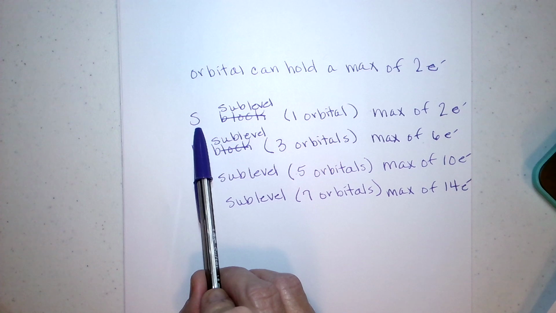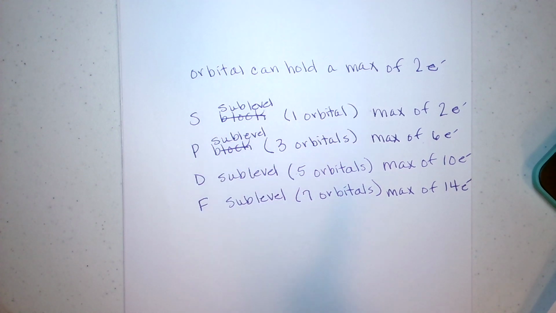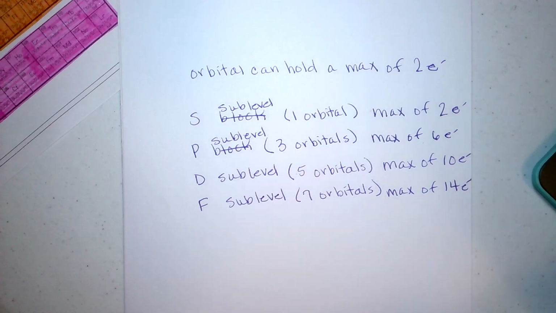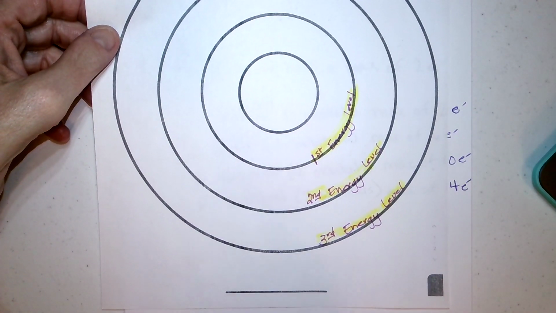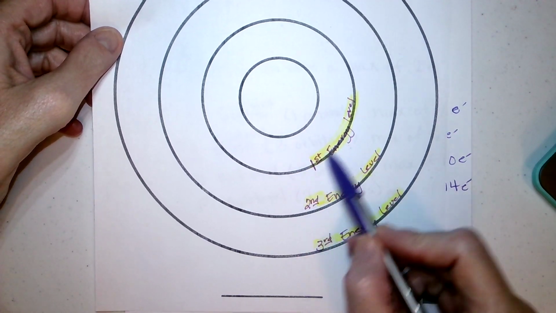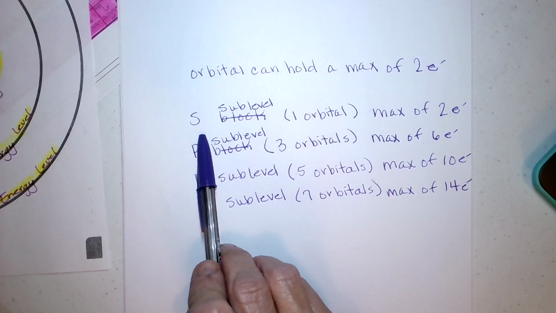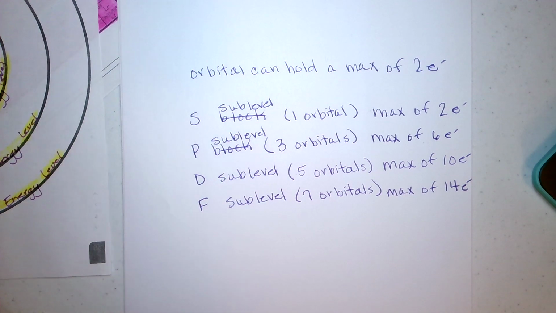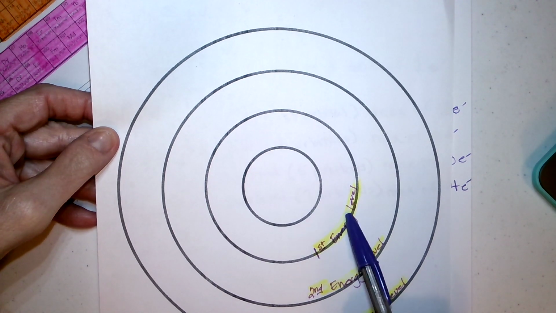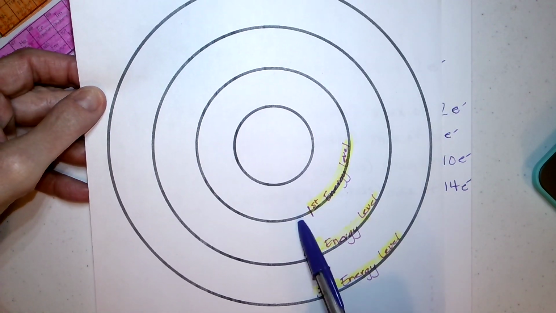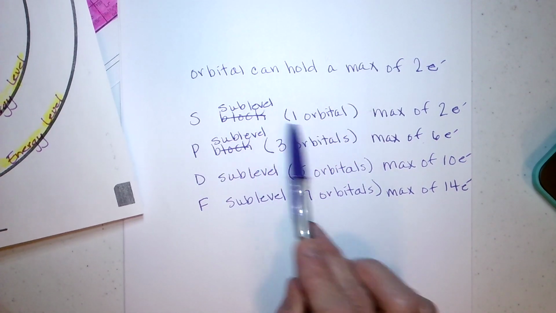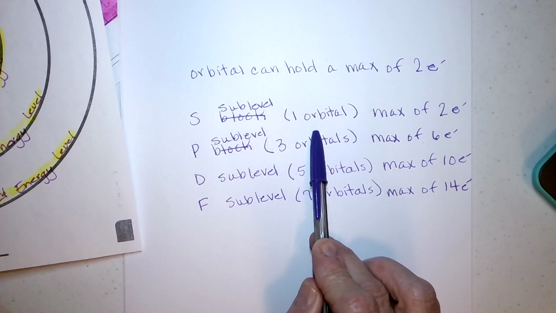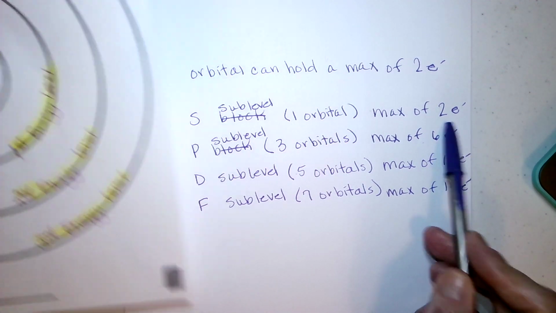So as I said, the S sublevel, we're talking about energy levels. This is the Bohr model, and in this first energy level, there's an S sublevel. That's all that's in that first energy level. It has 1 orbital, and it can hold a max of 2 electrons.